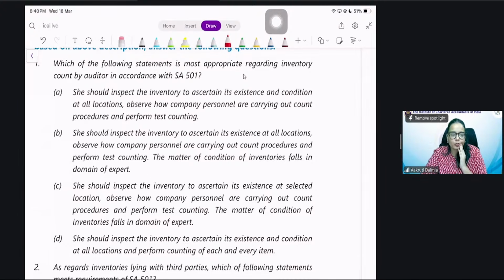C. So 5 people have said C, and 3 people have said A. As of now, the majority is winning with C. Now 6 people have said C. 7. Total 10 replies I have received.